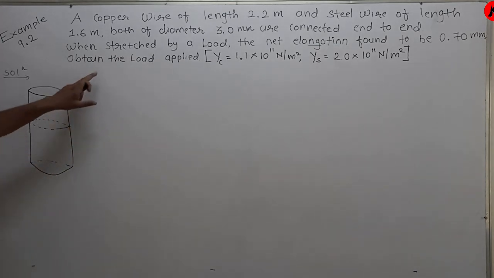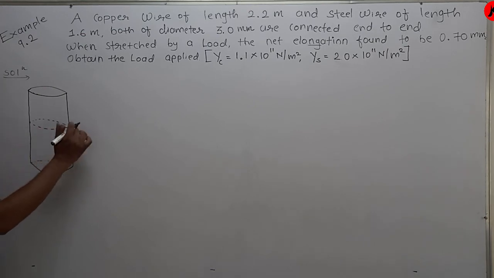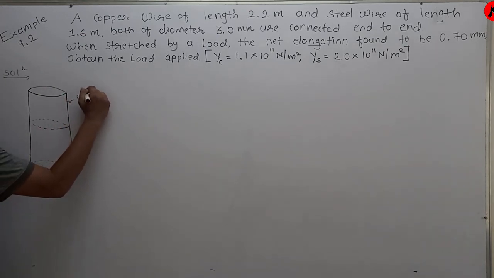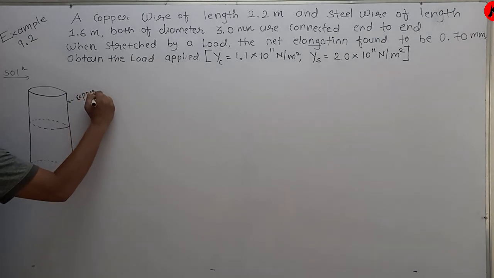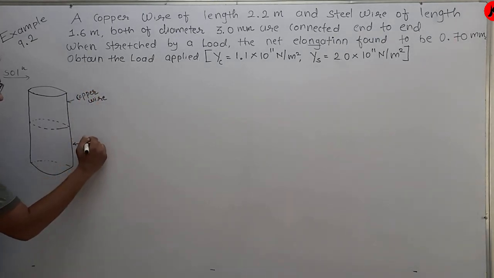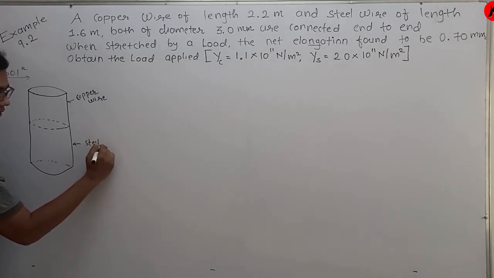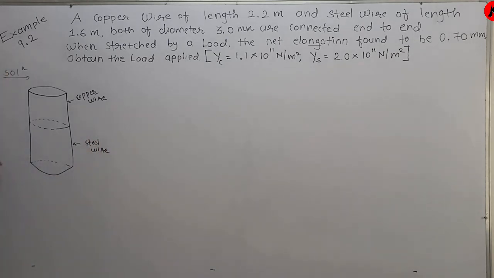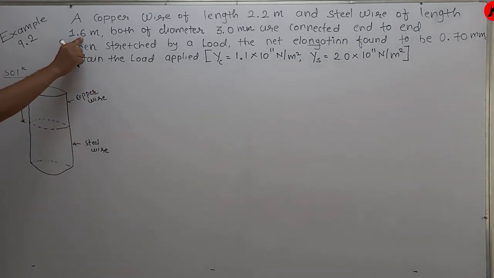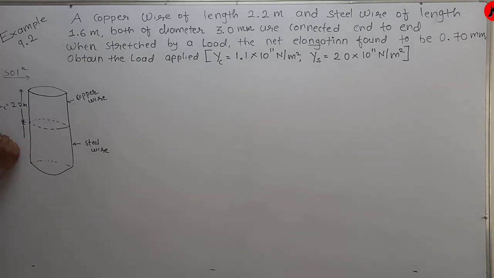Here we have two different wires. Suppose this is the copper wire and this is the steel wire. The length of the copper wire L_C is equal to 2.2 meter, and the length of the steel wire is equal to 1.6 meter.